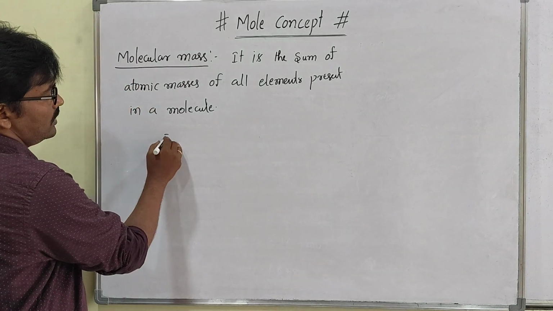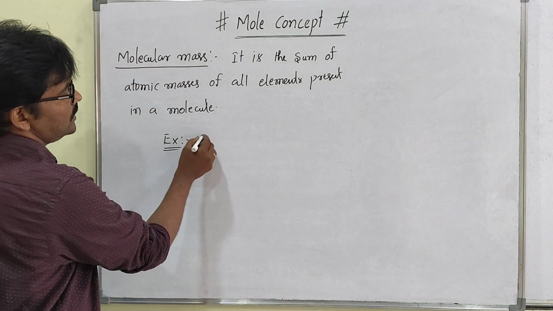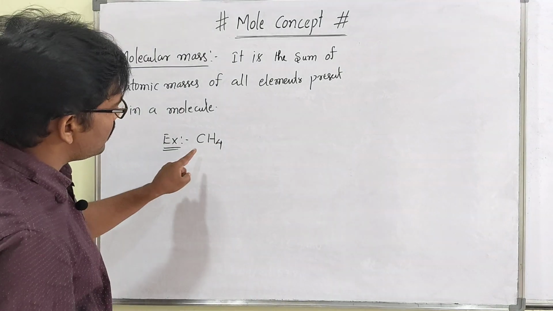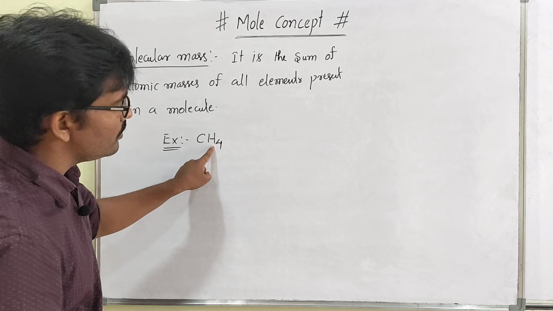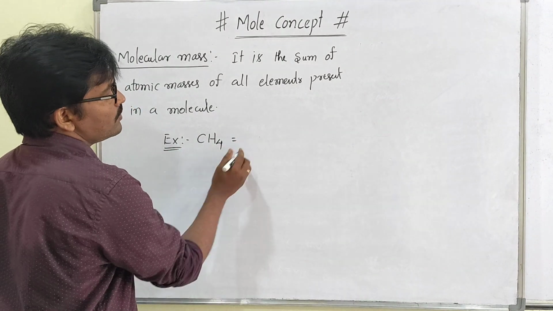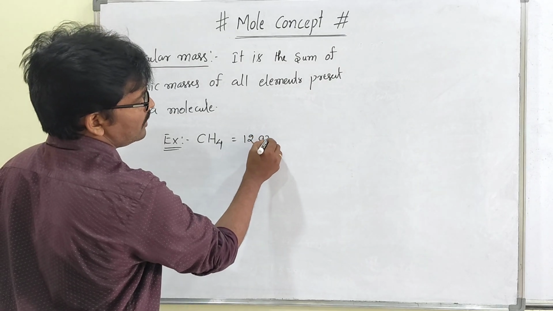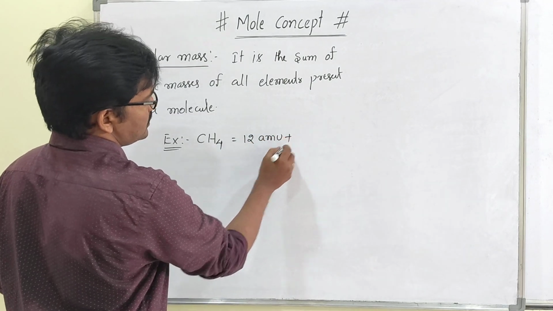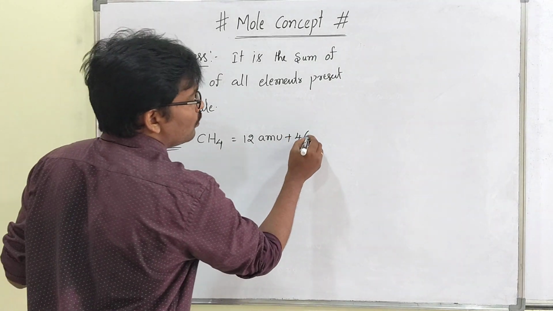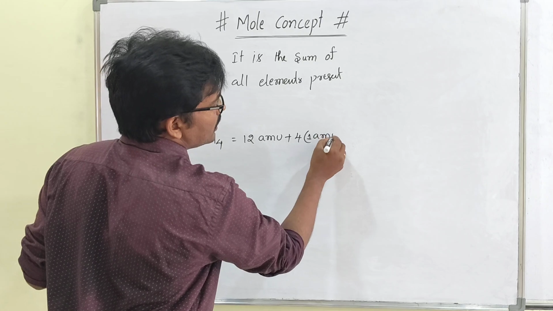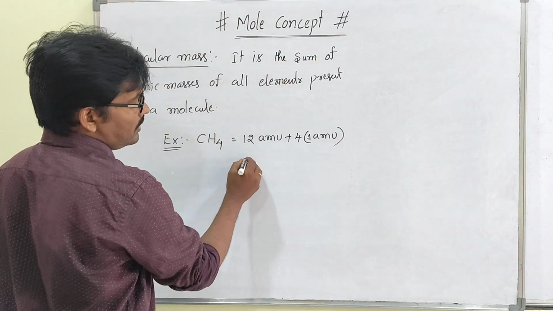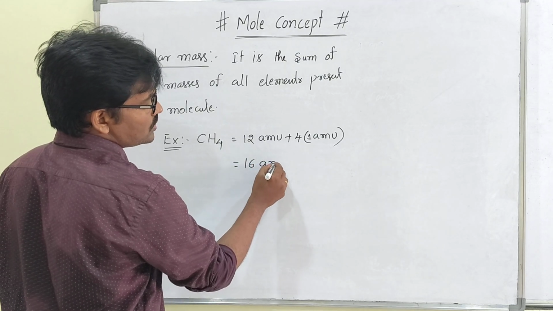For example, I take the CH4 molecule. Sir, in the CH4 molecule, we have to take the carbon atomic mass and the hydrogens' atomic mass. Here, carbon atomic mass we already saw, 12 atomic mass units. Then plus hydrogens, how many are there? 4. Sir, each hydrogen atomic mass is 1 atomic mass unit. Then totally, sir, 12 plus 4, 16 atomic mass units.